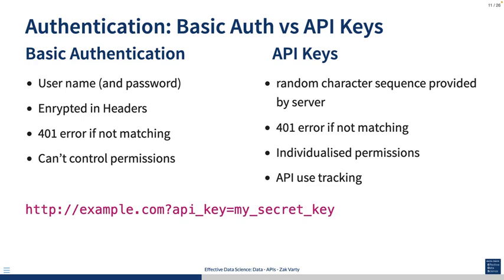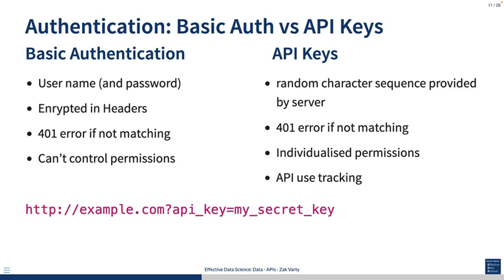An API key is a long random string of letters and numbers that's assigned to each authorized user. These keys are distinct from the user's password, and keys are typically issued by the service that provides the API. If you're using a key rather than basic authentication, this allows the API provider to track and limit the usage of that API.